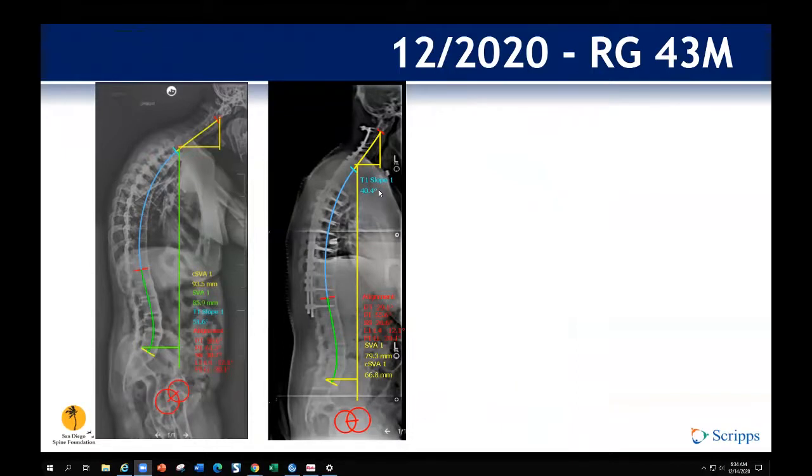And I did mention when I was presenting this case that we had lost signals, unfortunately, for a brief period of time during surgery. So I wanted to discuss neurologic complications as they relate to vertebral column resection.